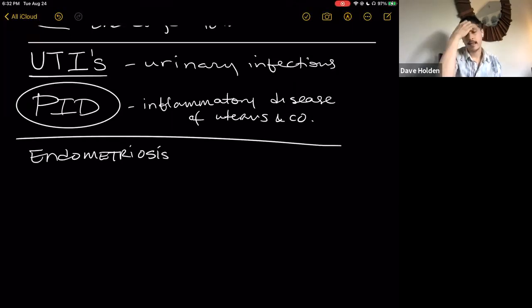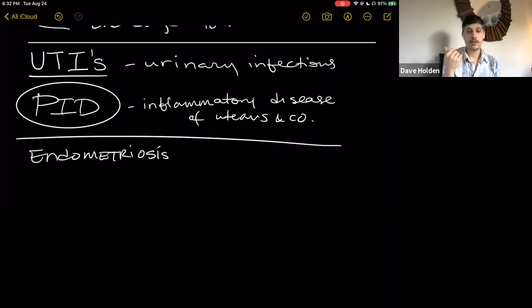All right, next one we're going to look at is endometriosis. Endometriosis is understood as the body's reaction to something that generally is rather normal. What happens is uterine lining cells are found outside of the uterus, and this is common to find in many women, but some women's bodies react particularly strongly to this.